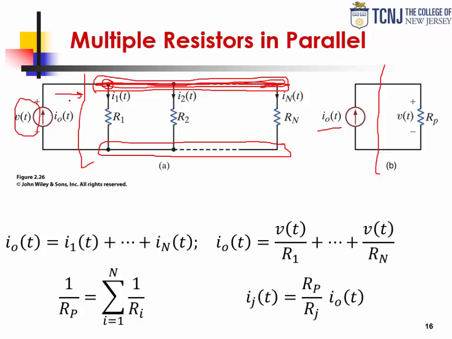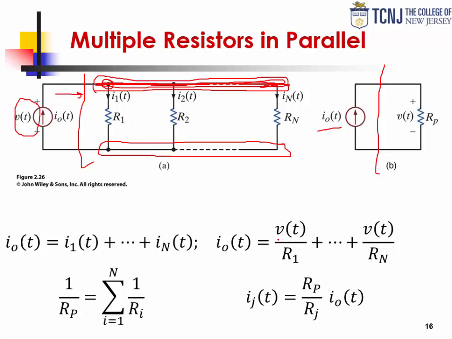So I can say that the total current is going to be equal to the sum of the individual branch currents, I1, I2, all the way to IN. Then I'm going to substitute each of the branch currents by their Ohm's law expression of the voltage and the resistance.